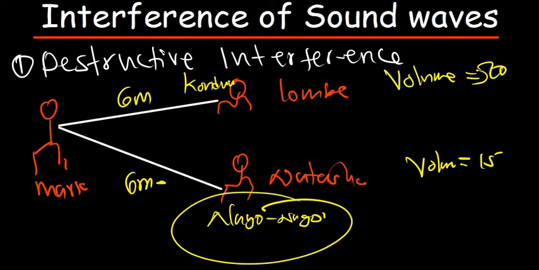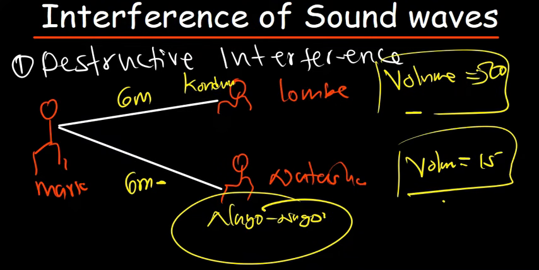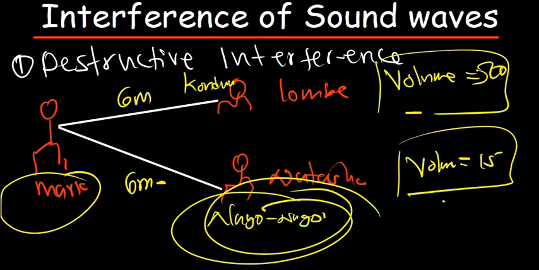Mark will not hear anything from Natasha in this case because Natasha's volume is at 15 and Lombe's volume is at 20. But it doesn't mean that Mark is going to hear the full volume of 20. Some of it is going to be cancelled by Natasha. So what you are going to do is 20 minus 15, which is 5.